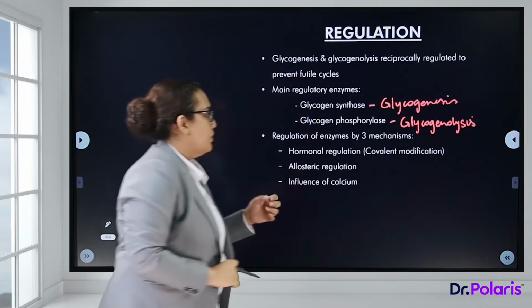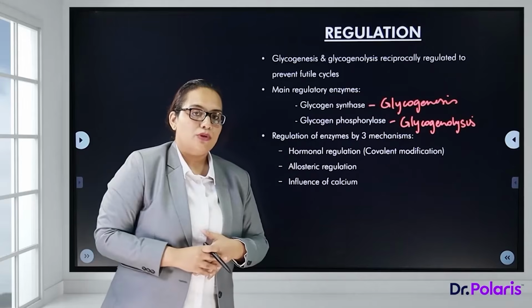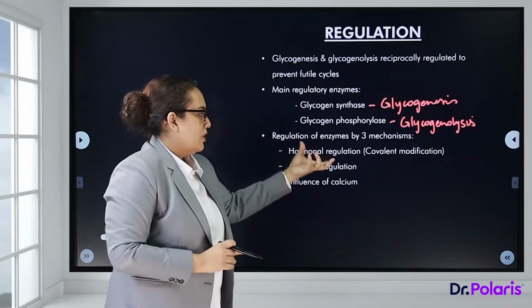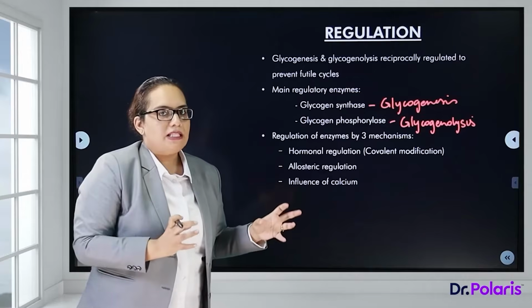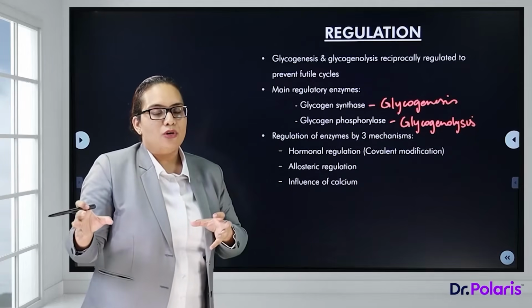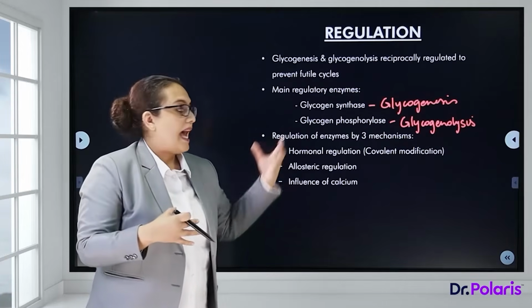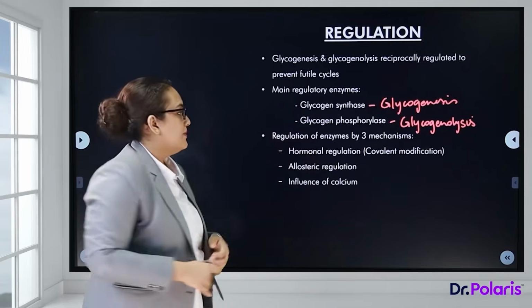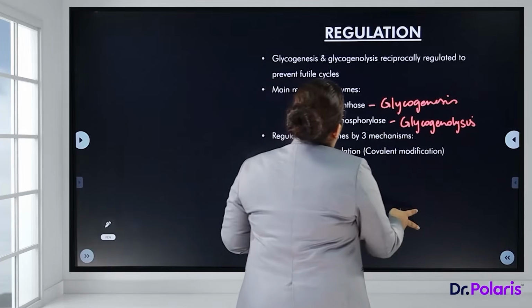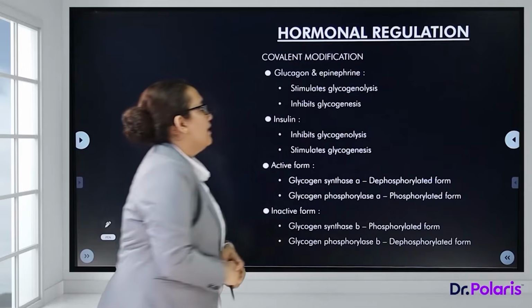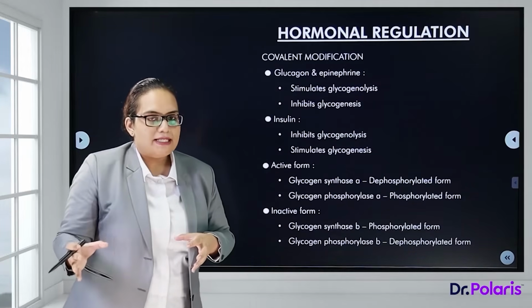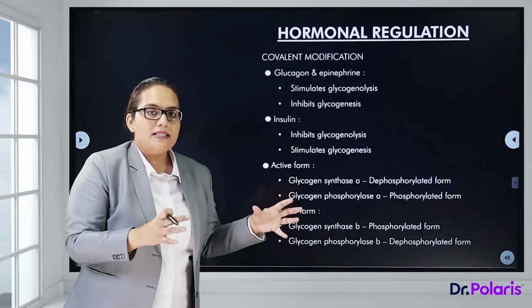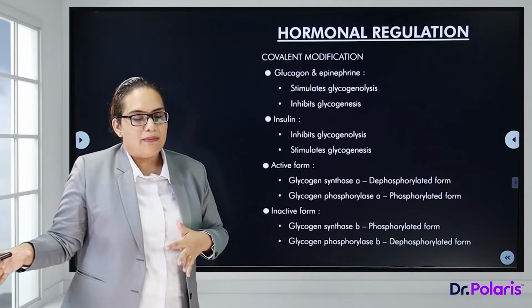So now let's have a look at the first aspect, that is hormonal regulation or covalent modification. Under hormonal regulation, we have hyperglycemic hormones and hypoglycemic hormones which regulate the activity of those two enzymes, glycogen synthase and glycogen phosphorylase. Like I've told you earlier, during the well-fed state you should have glycogenesis happening, and during the fasting state you should have glycogenolysis happening.